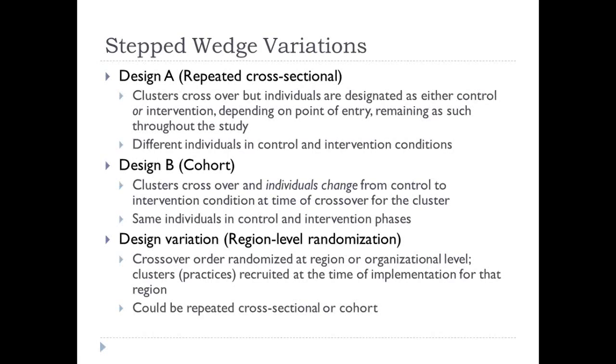Clusters or practices could actually be recruited at the time of the implementation for that reason if you can ascertain outcomes from existing data, such as health records, EHRs, that sort of thing. The more common use of this is the cohort variation, but it would be possible to do this in a repeated cross-sectional fashion as well if you had good records available.